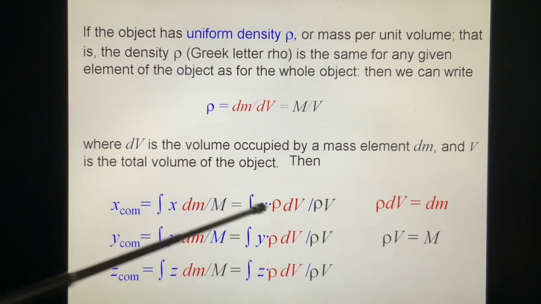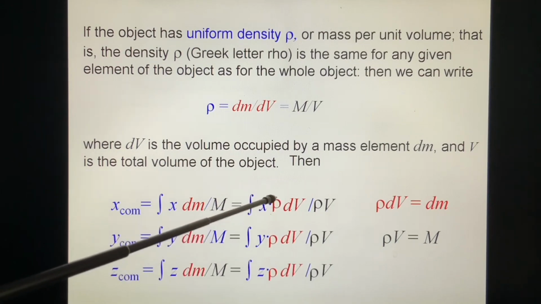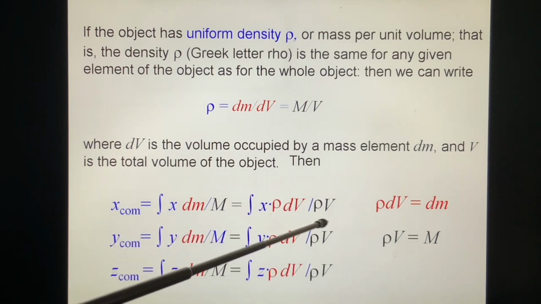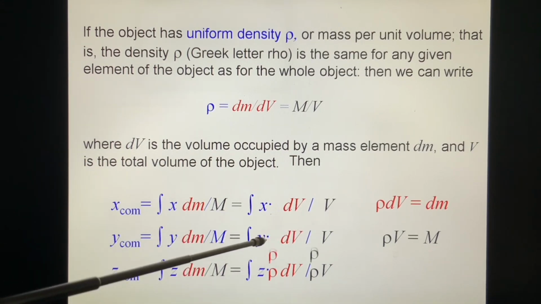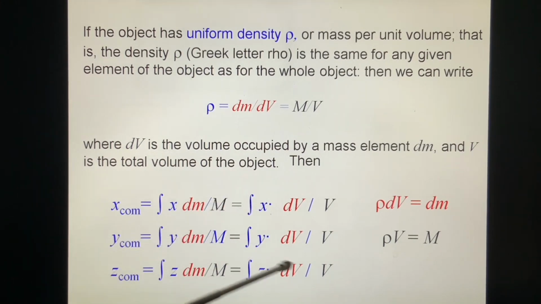Here we see rho in the numerator and rho in the denominator. They're the same, so we cancel out. Same thing for y and z. We can use this integration to find x com, y com, z com.